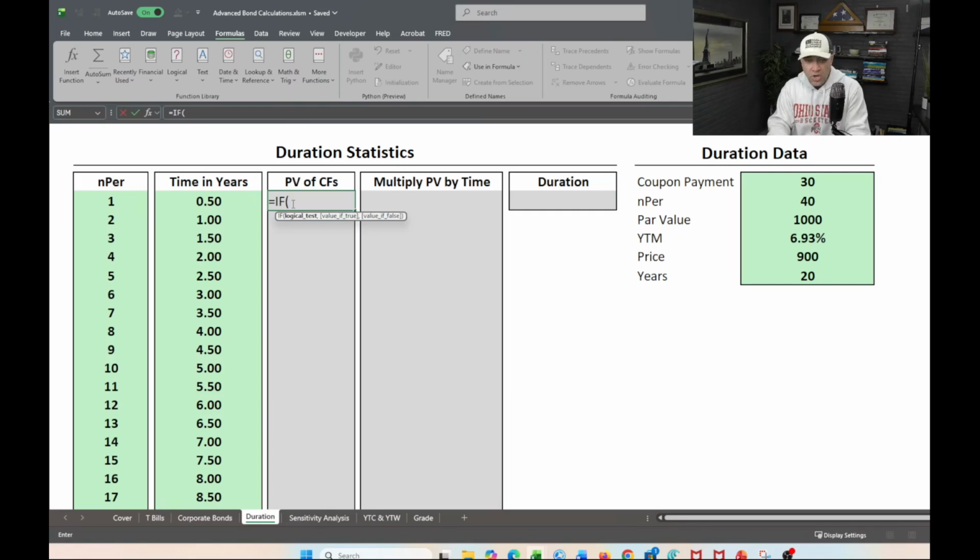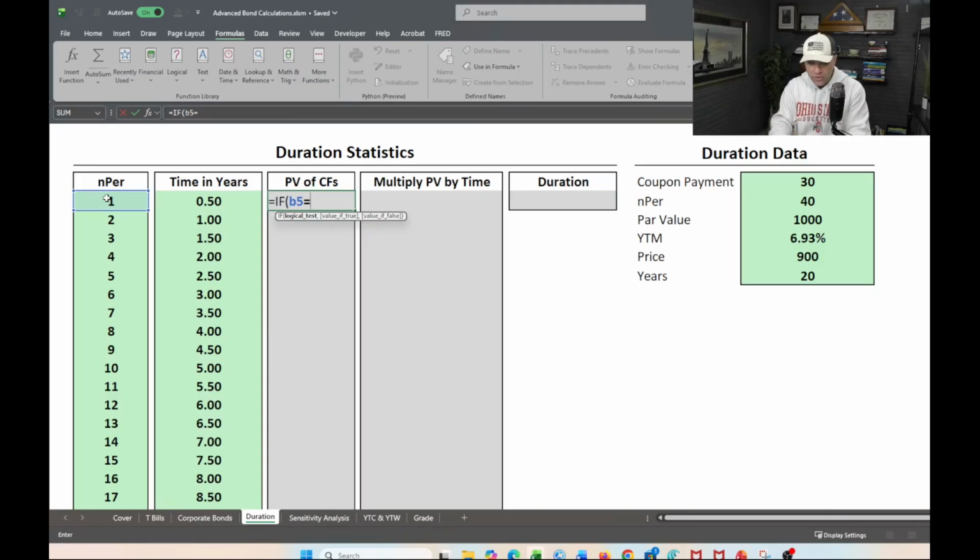So the first thing we want to know is what our logic is here. I want the B5. So the logic is this year, and I'm going to say if it's equal to, and it means nothing about the duration equation. This means everything about making it blank in this dynamic model.